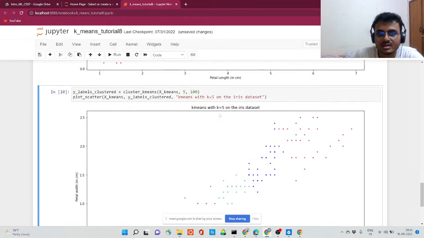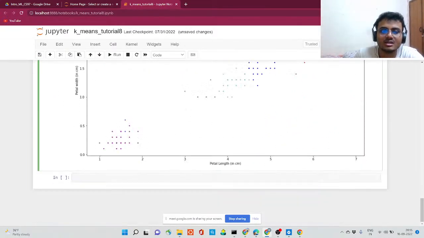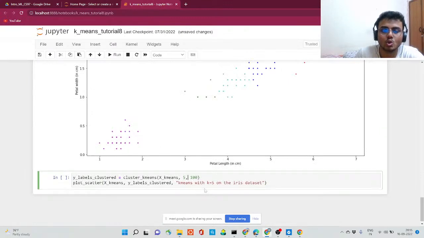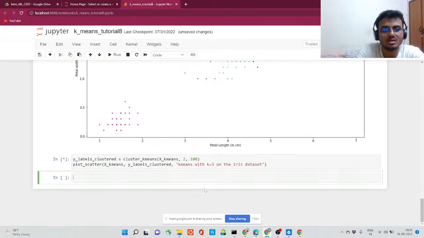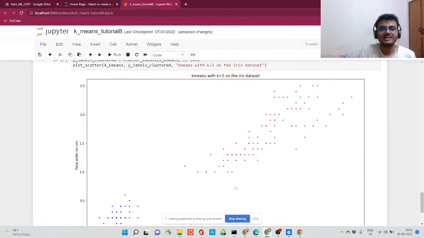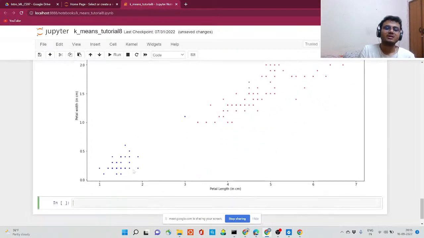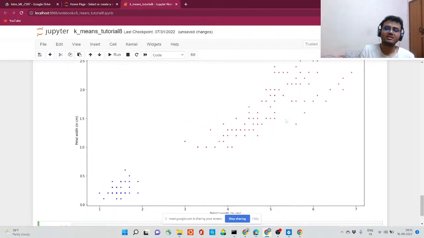So now let's do it for a number of clusters lesser than that. Here you will see another example where it is 2. See, as expected, these points formed a cluster, as setosa and virginica are close to one another, and virginica and versicolor are close to one another. Setosa forms a different cluster.